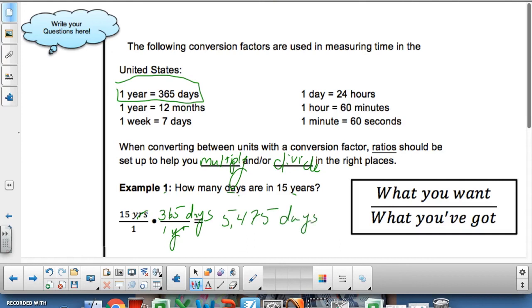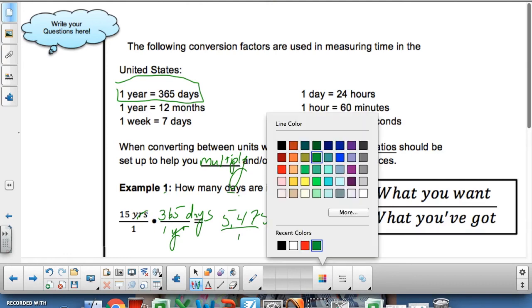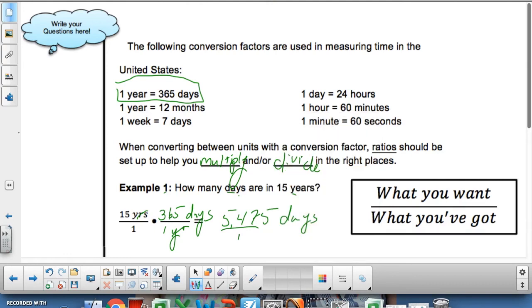On the bottom of the fraction, or in the denominator, you have 1 times 1, which is just 1, and 5,475 over 1 is just 5,475. So really, you can say that your answer is 5,475 days.